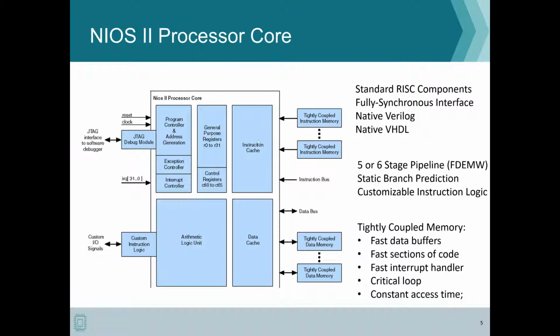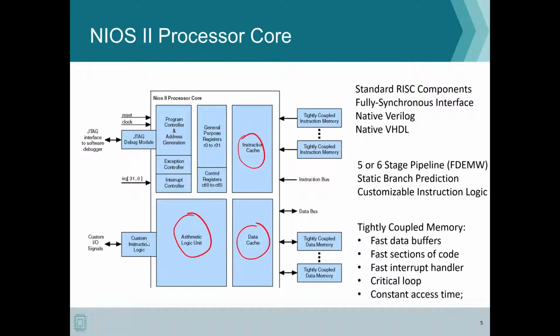You can also see that it has two caches, instruction cache and data cache, and each one of them has a corresponding tightly coupled memory. So you have a tightly coupled instruction memory and a tightly coupled data memory.